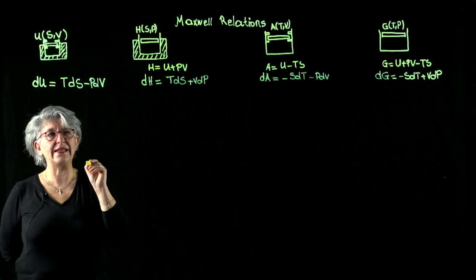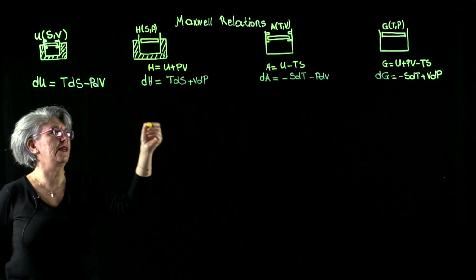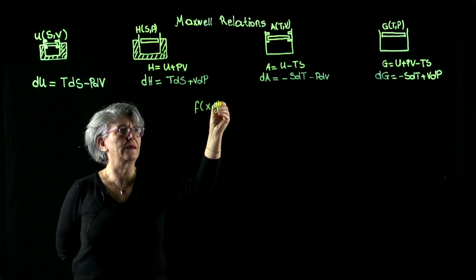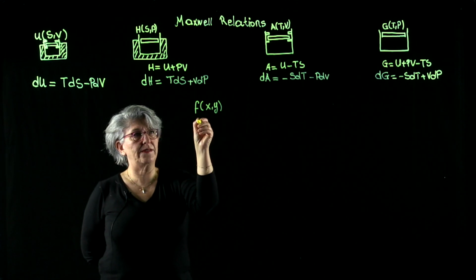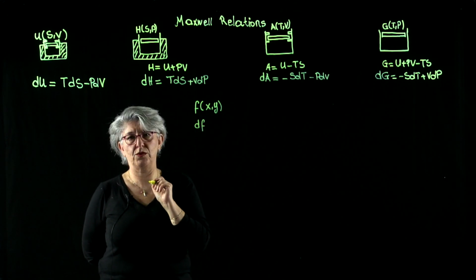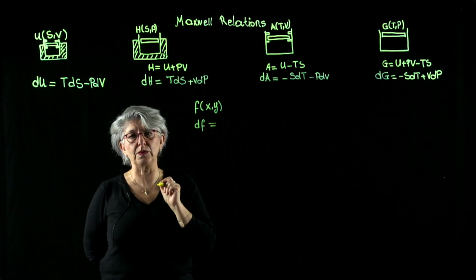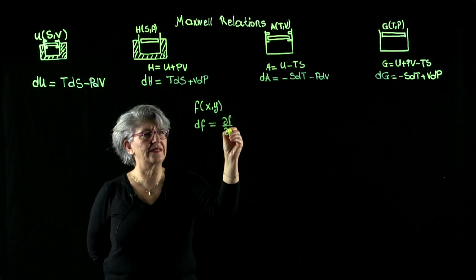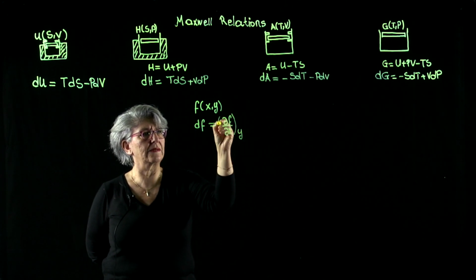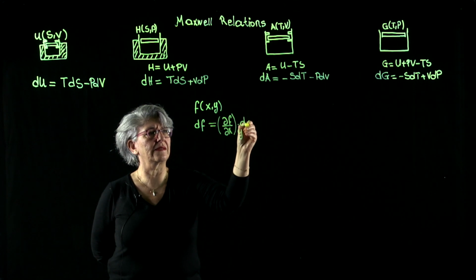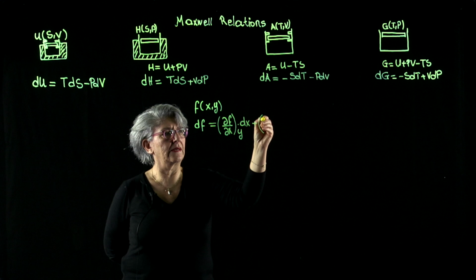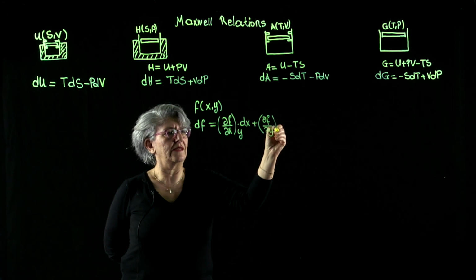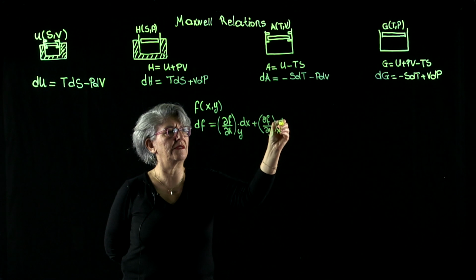Let us take an arbitrary function f of x, y. Its total derivative is equal to del f over del x, keeping y constant, times dx, plus del f over del y, keeping x constant, times dy.